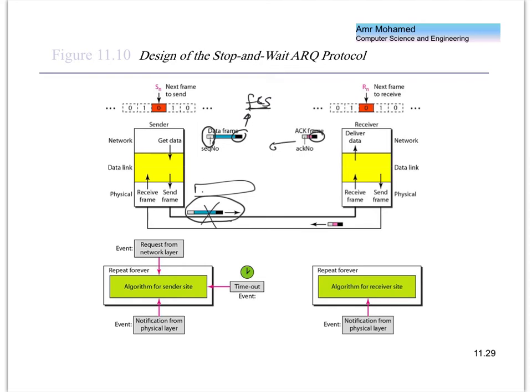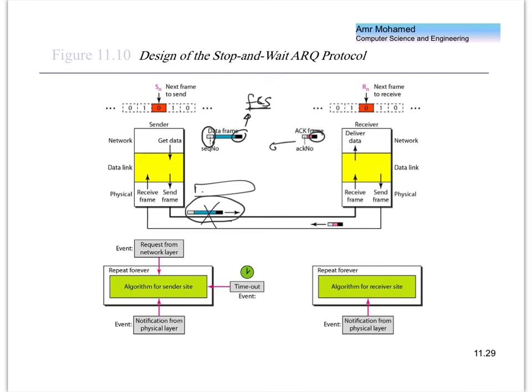So let's agree that whenever we have something arriving on the physical layer, the first thing we have to check is whether this frame or the acknowledgement is corrupted, by checking that frame check sequence. Anything that arrives on the physical layer, we have to check for errors.